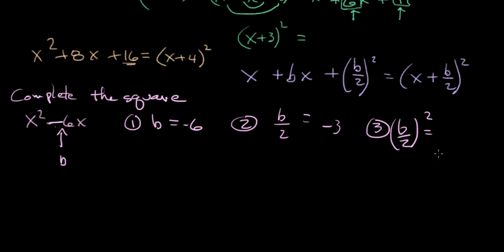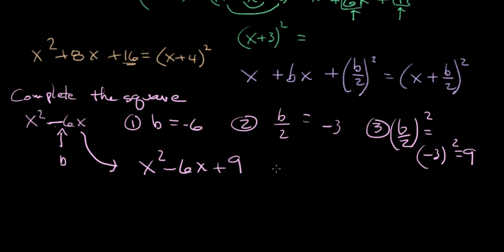Well, this is negative 3 squared, which equals 9. So what does that mean? That means if I just add 9, x squared minus 6x plus 9, then I can factor that. That's a perfect square trinomial. And I can factor that into x minus 3 squared. Okay?